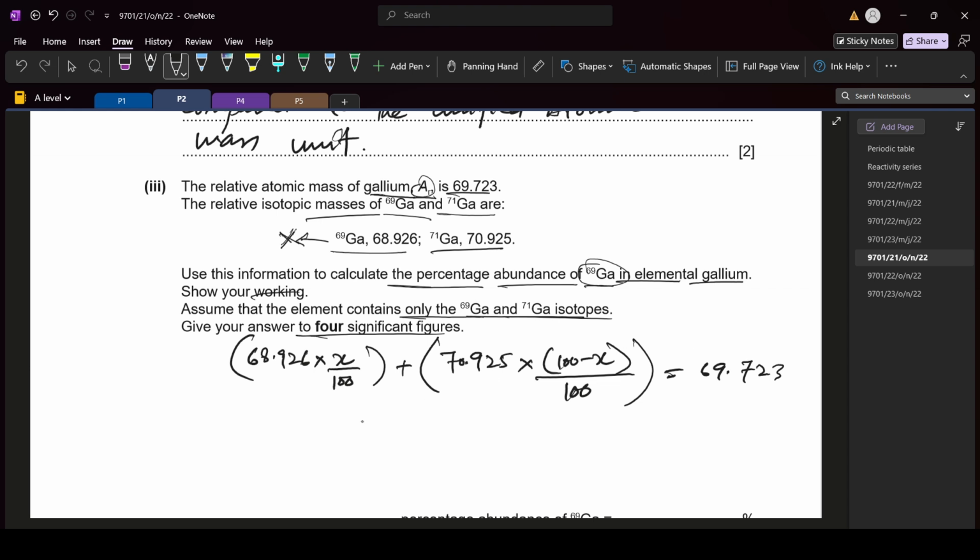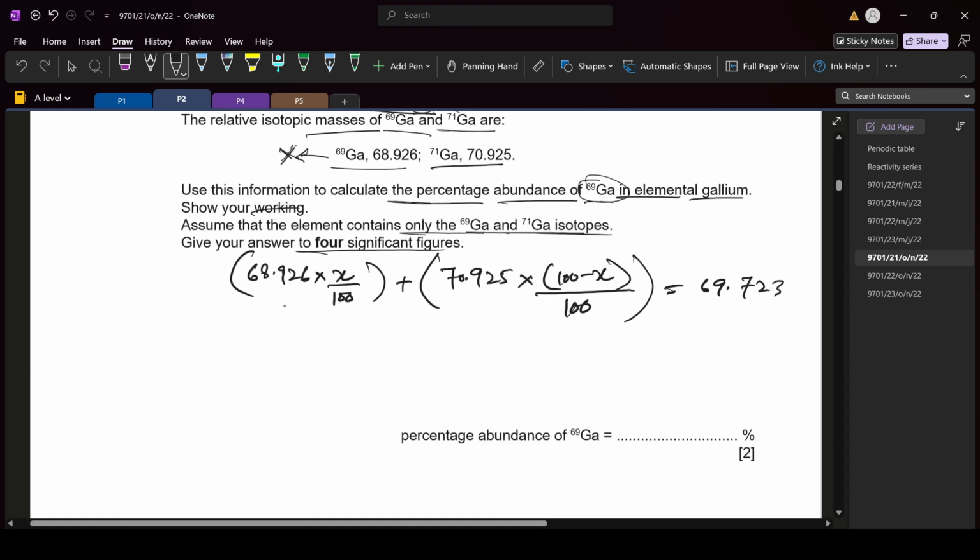This is your Ar. That's how you calculate the abundance or relative atomic mass. So from here you will calculate the value of x.